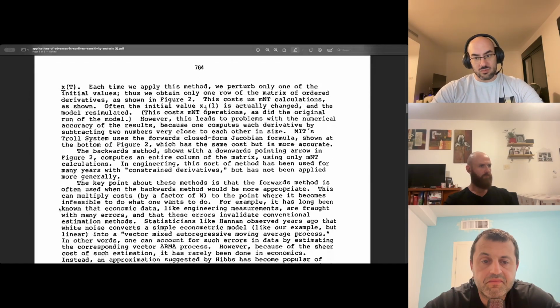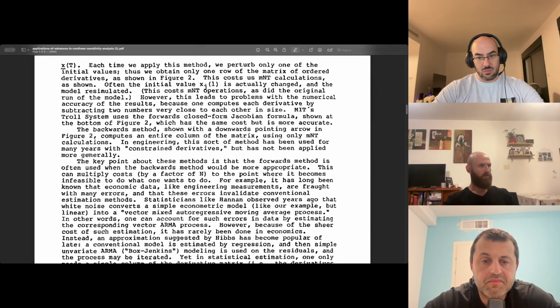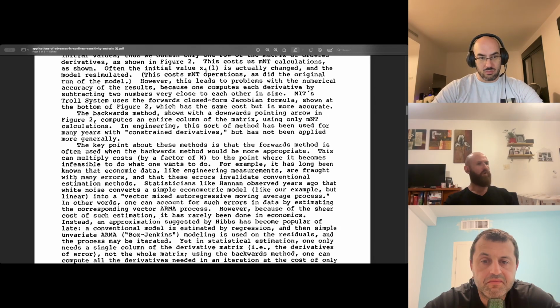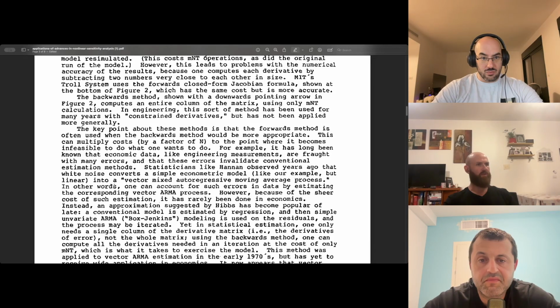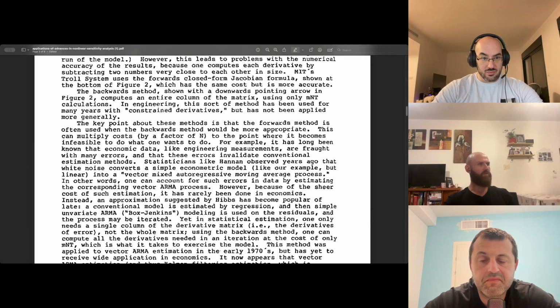Let's see. Here, the key point about those methods is that the forward method is often used when the backwards method would be more appropriate. This can multiply costs to the point where it becomes infeasible to do what one wants to do.